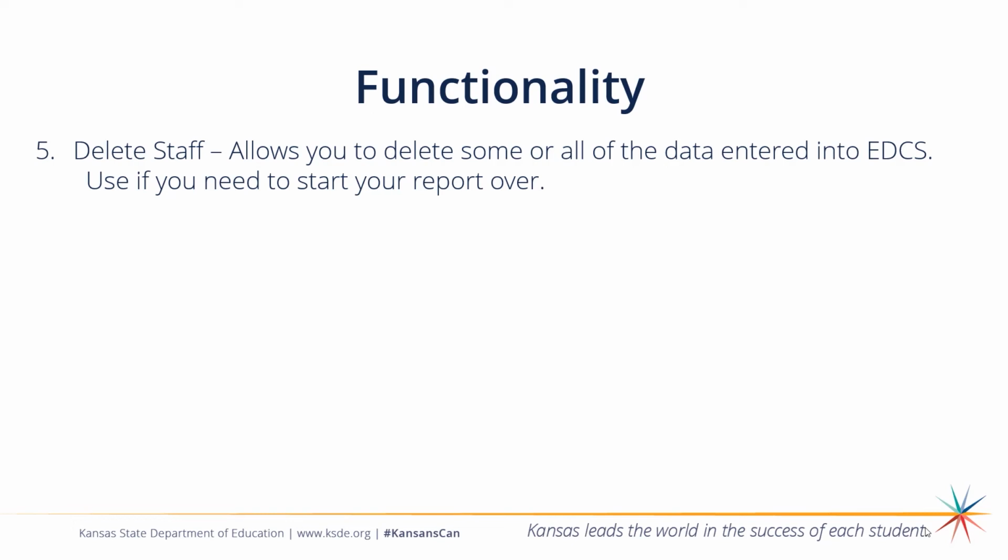But be aware, if you are working with other individuals, like your pathways folks or your special education folks who go in and enter assignments for their particular areas, you want to make sure you contact them before you delete all the information that's in the system, because you may delete information that they had entered that was correct.